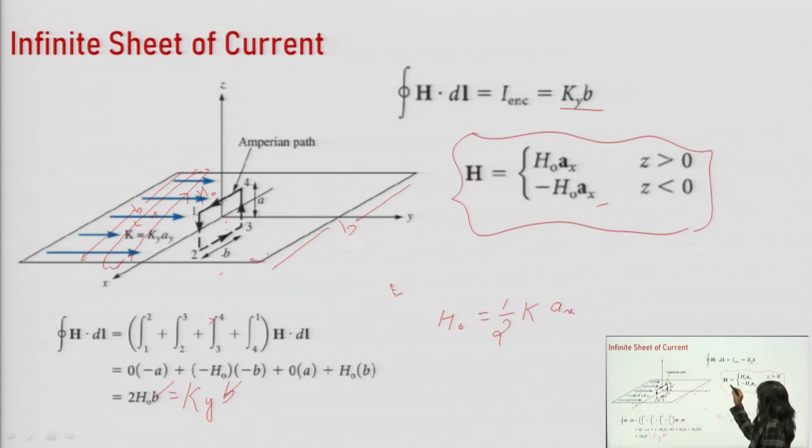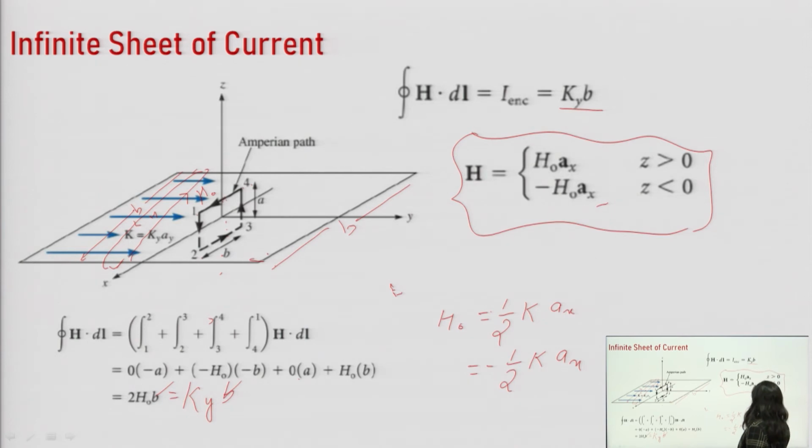Further, as we have defined H with minus and plus, this will be for the positive x direction, and this will be for the negative x direction.